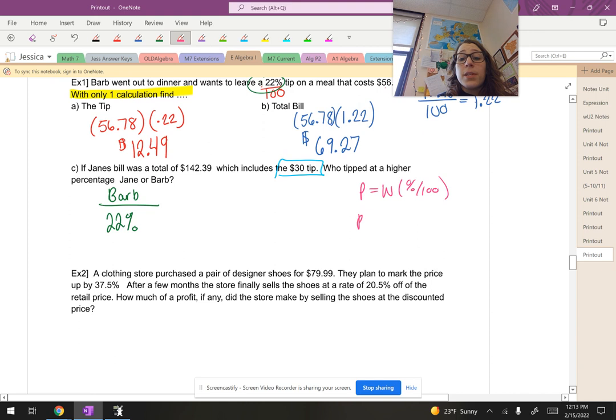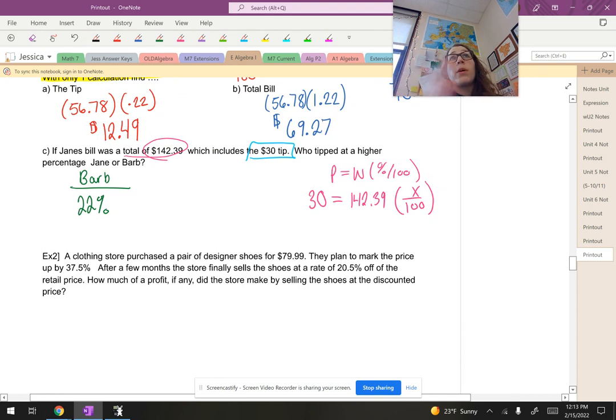Obviously, the percent is the piece that I'm looking for. So the whole will be my total, that total bill. The percent is what I'm looking for, so I'm going to keep that over 100. And then the part was that 30. That part was the tip. The tip isn't the whole bill, the tip is part of the bill.